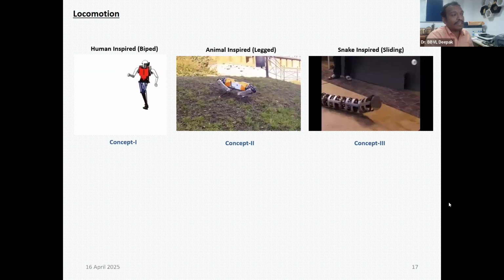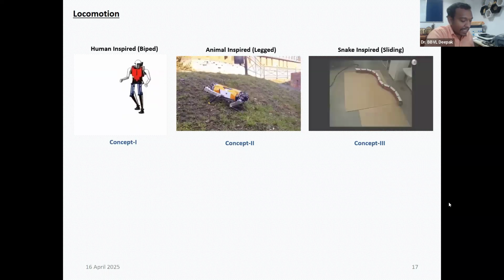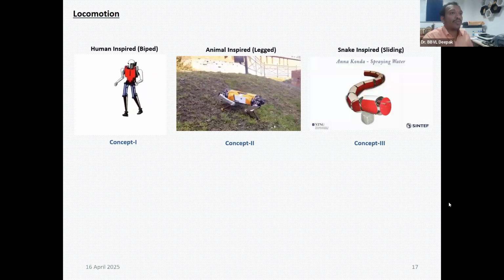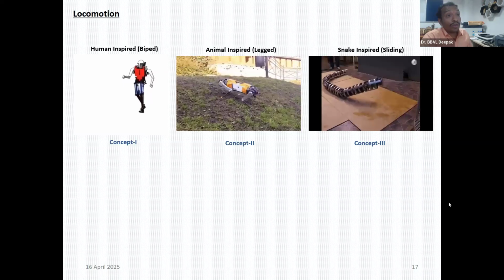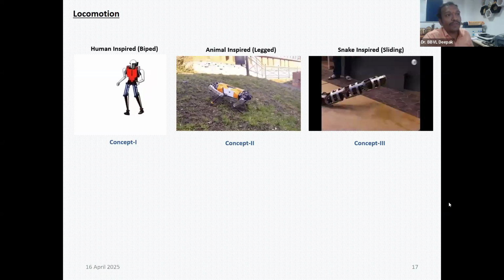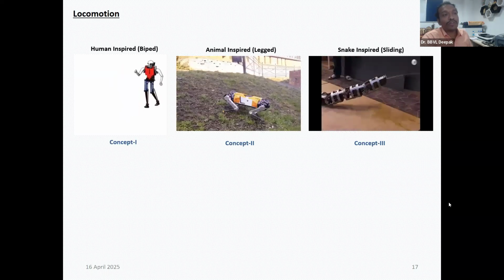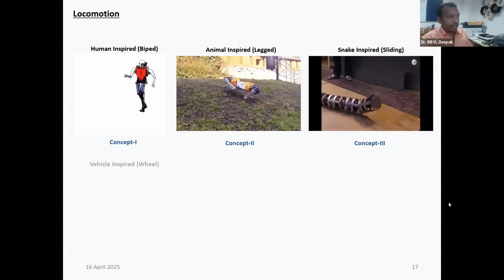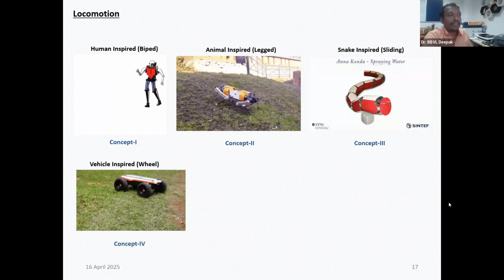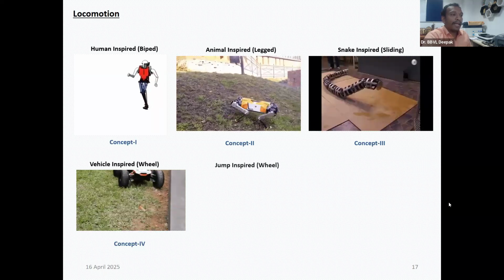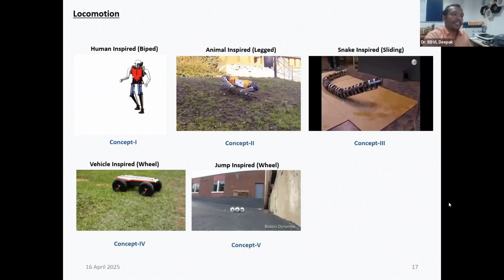So what we are doing is that initially we have to analyze what type of locomotion or motion ability we require. Based on that, we have to go for the development of the robotic system. Then it may be one vehicle inspired, a wheel kind of robot, and it may be inspired by the jump.